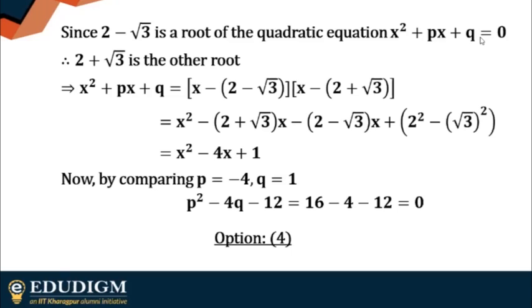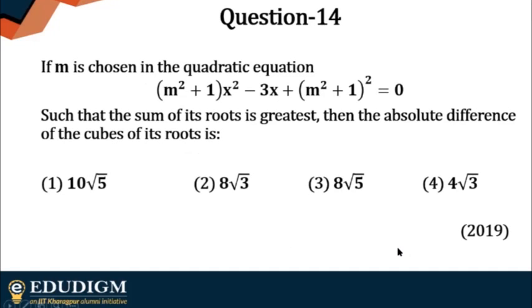If a, b, c are real numbers, then the complex pairs that you're talking about, the imaginary roots, will occur in pairs. We have a similar sort of result for when the coefficients are rational numbers. In that case, if you have irrational roots, they will occur in their conjugates. Okay. I hope this is okay with all of you. If you have any doubt, please do let me know. Or I'll just move on to the next question.